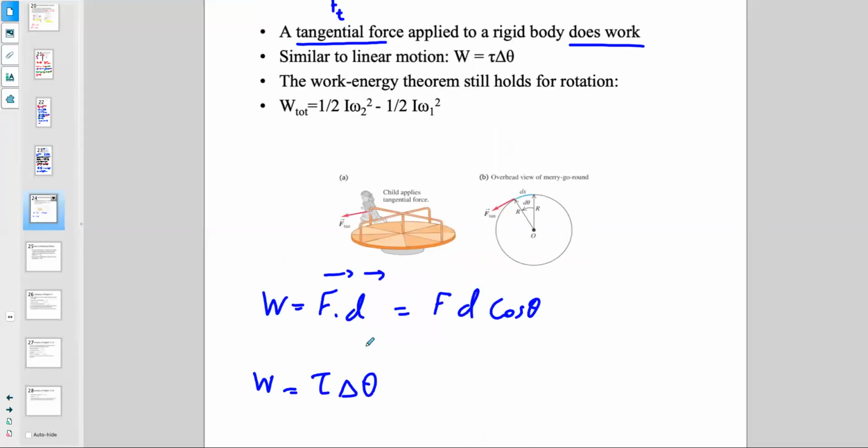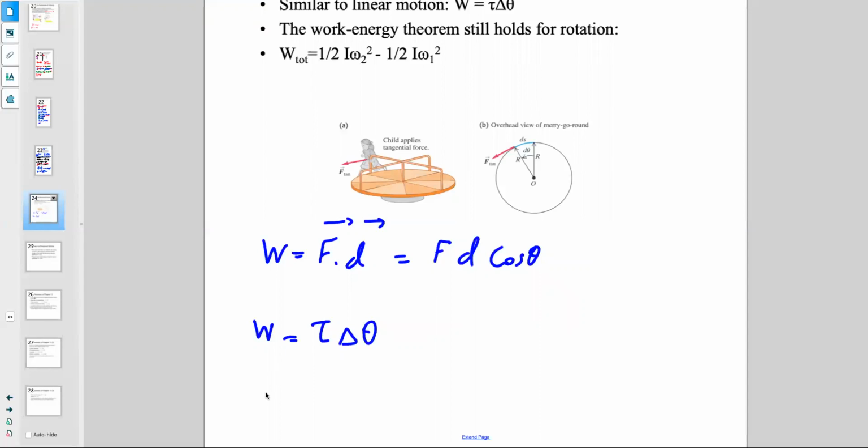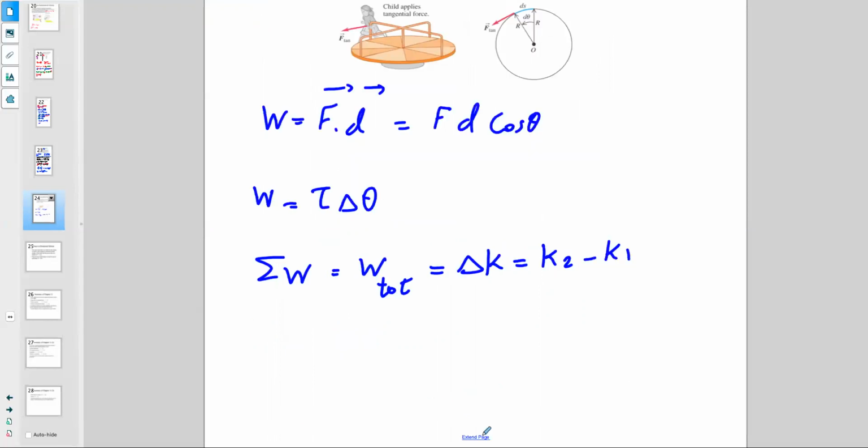And the work energy theorem still holds for the rotation. So the total work, or W total, is delta K, which is K2 minus K1, K of final minus K of initial. K of final is half I omega 2 squared minus half I omega 1 squared. So half I omega squared minus half I omega squared.